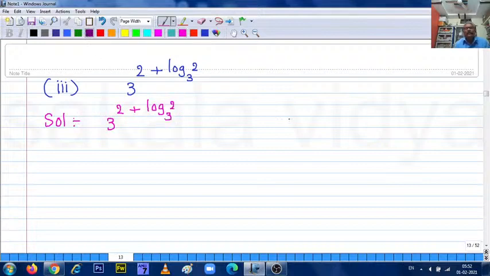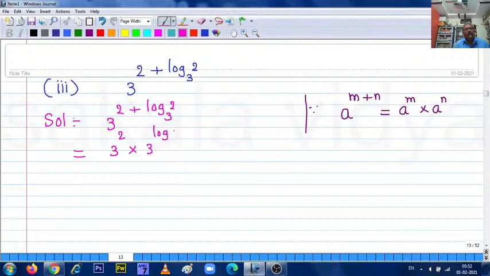See, we have one formula, a to the power of m plus n. This we can write a to the power of m into a to the power of n. It's the first step. So this we can write, here a is 3, m is 2. 3 square into 3 to the power of log 2 base 3.